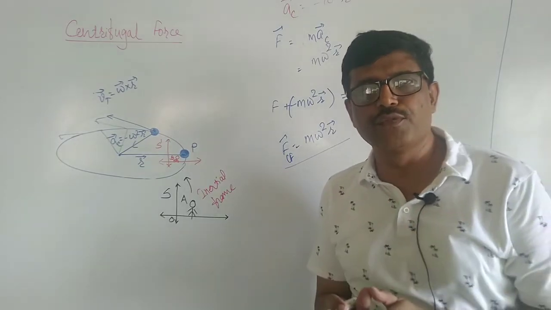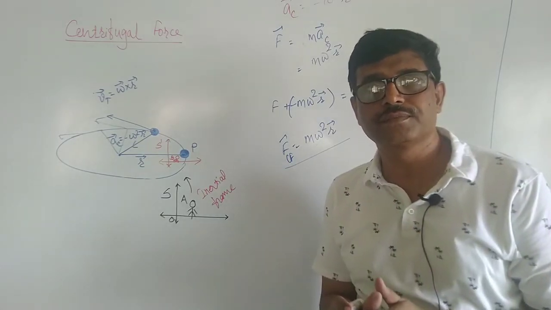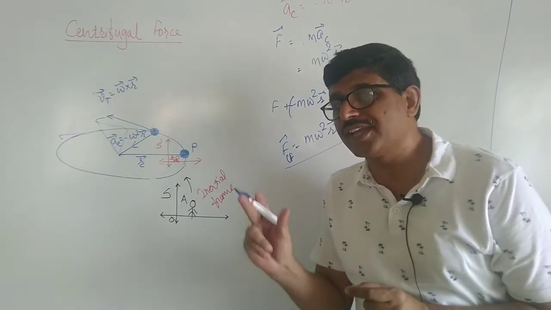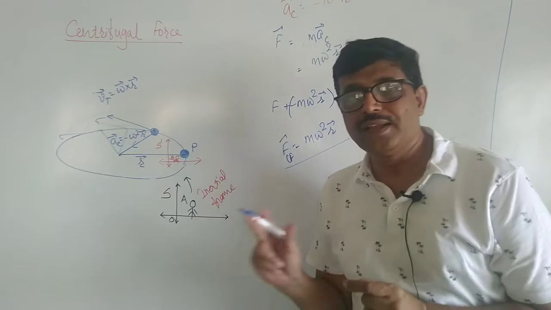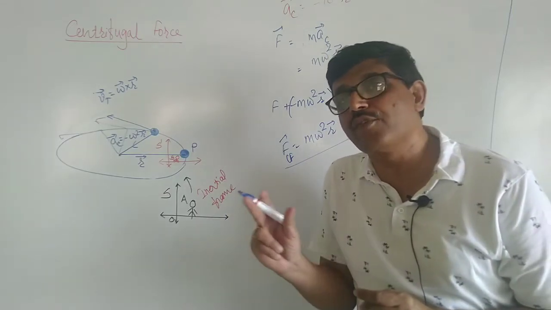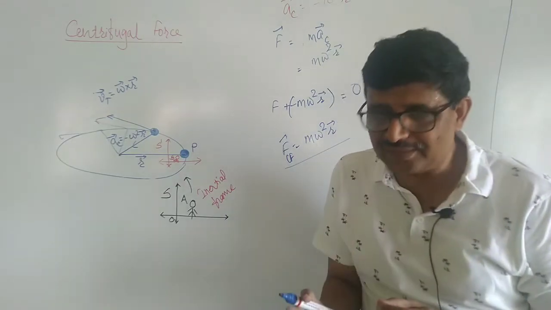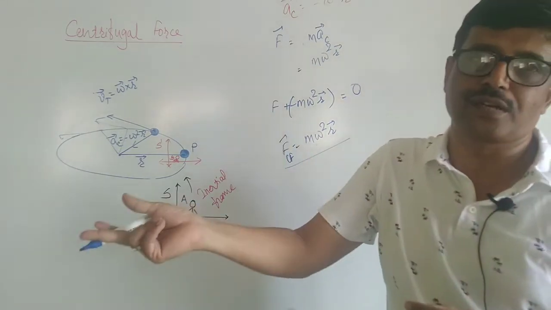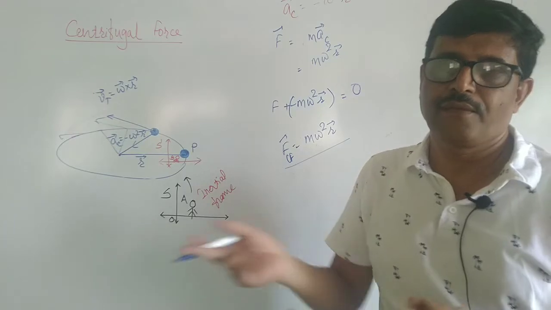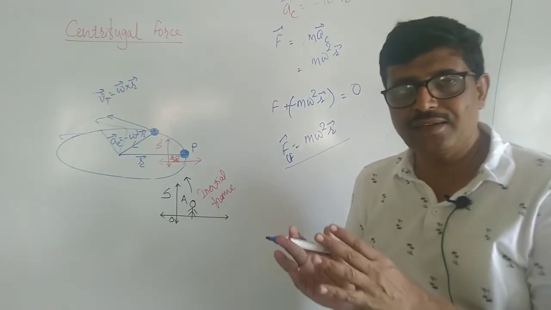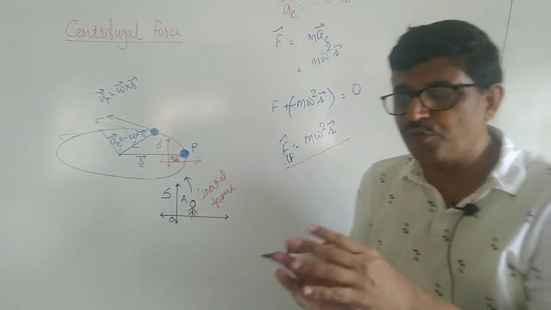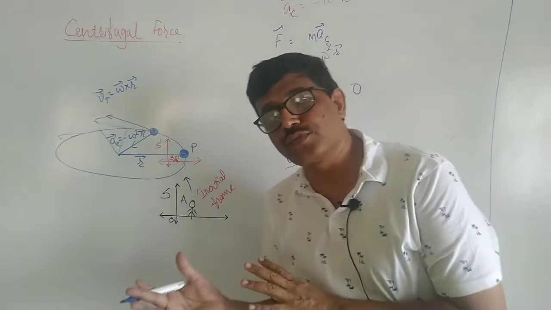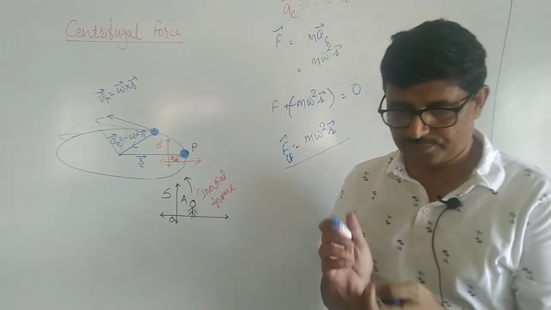The centrifugal force is the force experienced by the object in circular motion. It is along the radius and away from the center, and it is the effect of circular motion. The centripetal force is the cause of circular motion and the centrifugal force is the effect of the circular motion.